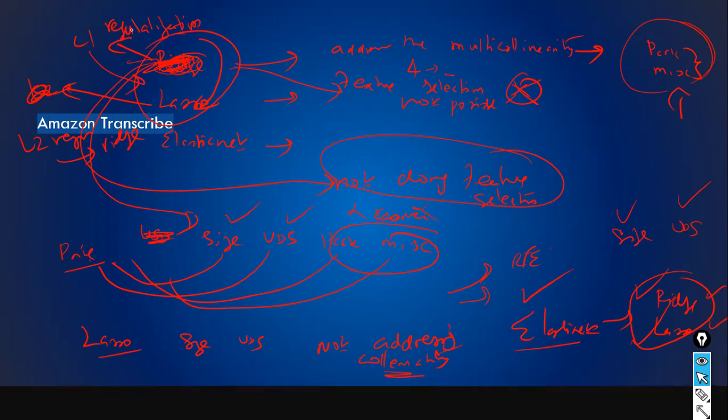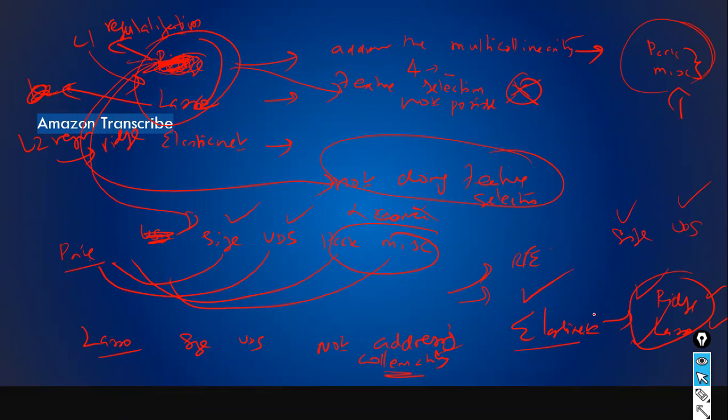Whereas lasso regression does the feature selection, but it does not address multicollinearity. Ridge regression addresses the multicollinearity, but it does not do the feature selection. So both of them have their own flaws. To overcome that, they came up with something called elastic net.